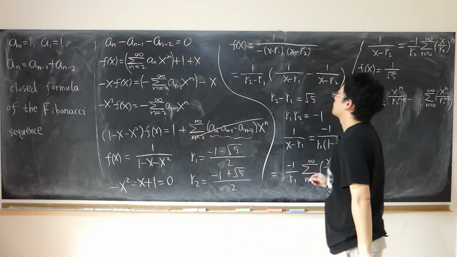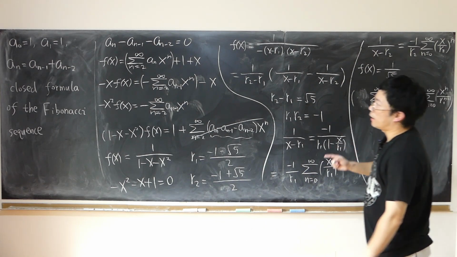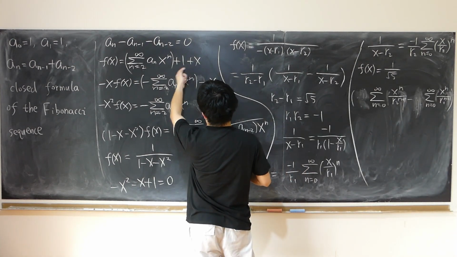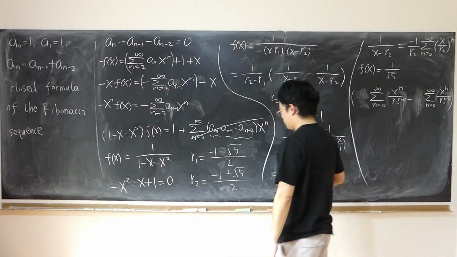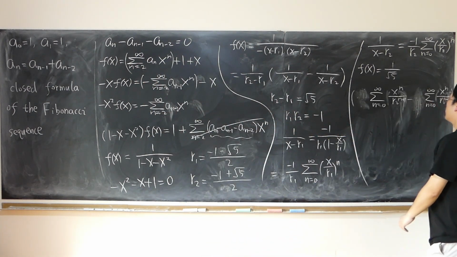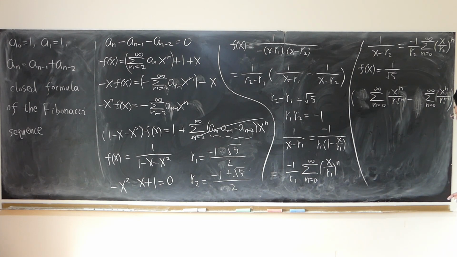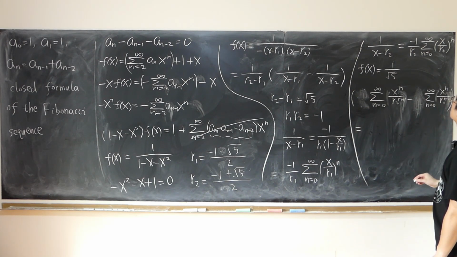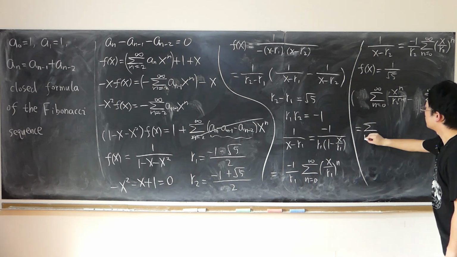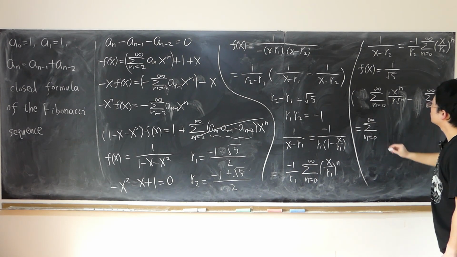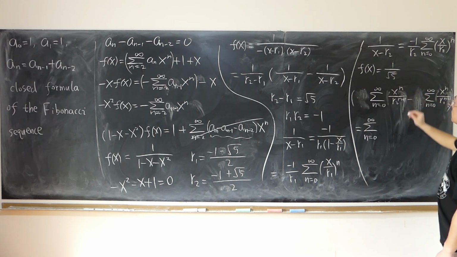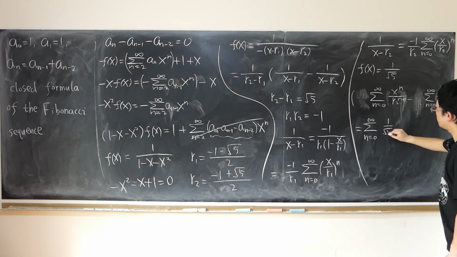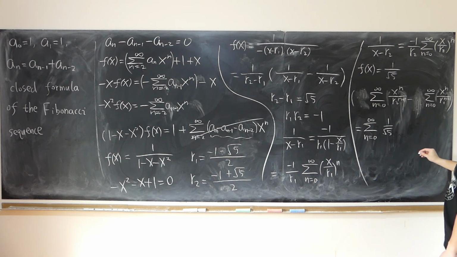Now combine the infinite sum. So first of all, imagine I haven't isolated, so I started from 0, so f of x. So I have the infinite sum, n goes from 0 to infinity, put the 1 over square root of 5 inside. 1 over square root of 5, x to the n, factor it out.